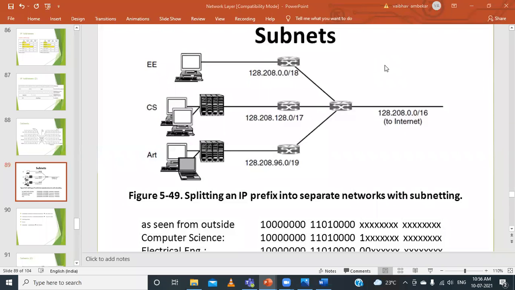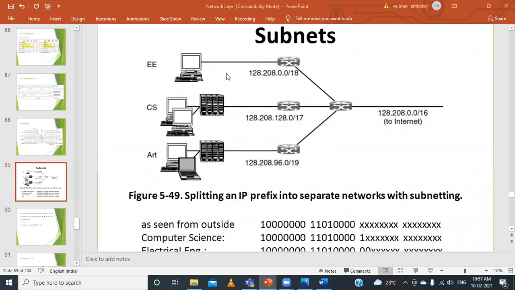Then that letter has to be segregated, whether it belongs to the BCA department, BBA department, MCom department, and so on, and then to the respective faculty. Similarly, when packets arrive at the main router, for example at our main server, the router present at the server room, from there it will go to the respective subrouters, and then it will reach the particular machine or device which has that IP address. So this concept we call subnetting.